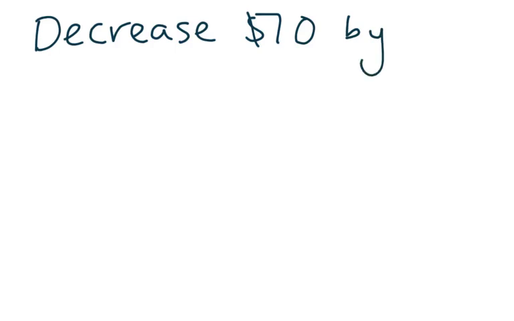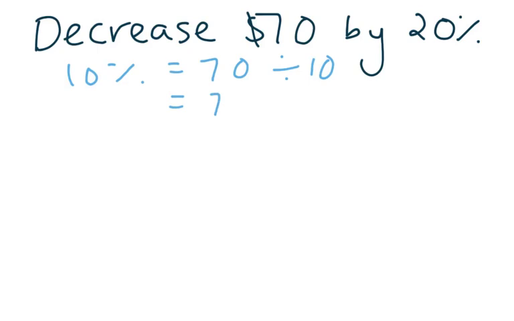When we do decrease, again, it's the same thing. Okay, so decrease $70 by 20%. We find 10% first. So we do 70 divided by 10, which is 7. And then, of course, to get to 20%, we have to multiply by 2.